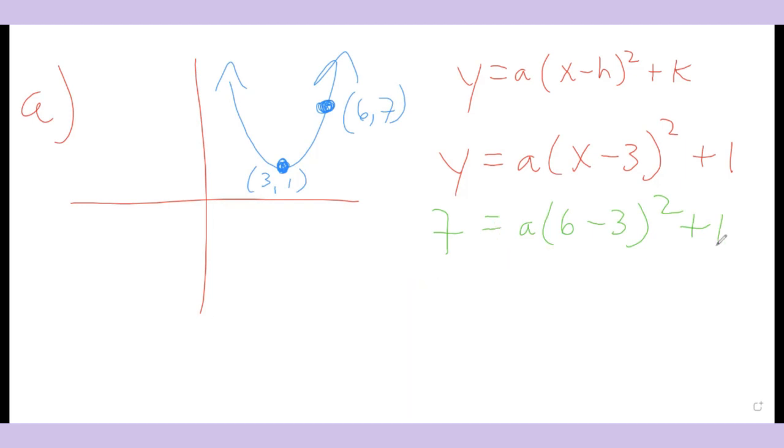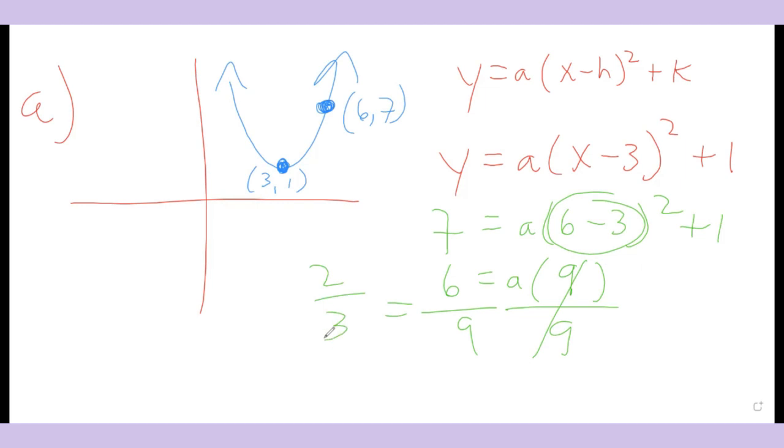Let's see. So how about we take the 1 away from the 7 on the other side, and that'll be a 6. And then let's go parentheses. 6 minus 3 is 3, squared is 9. Now to solve for a, we can divide both sides by 9. These are gone. And 6/9 can reduce to 2/3.